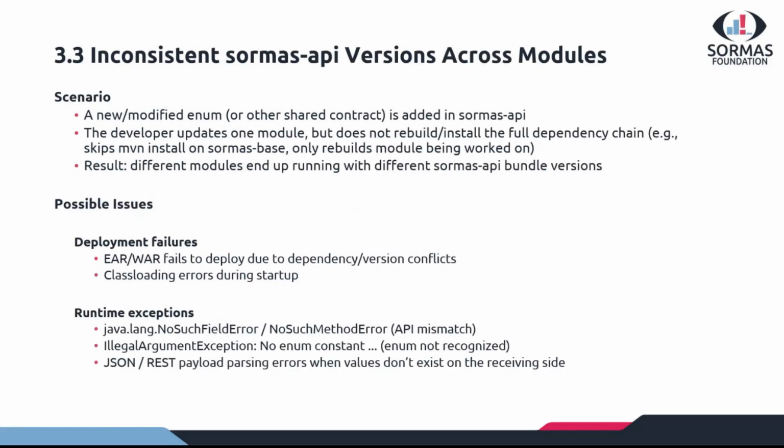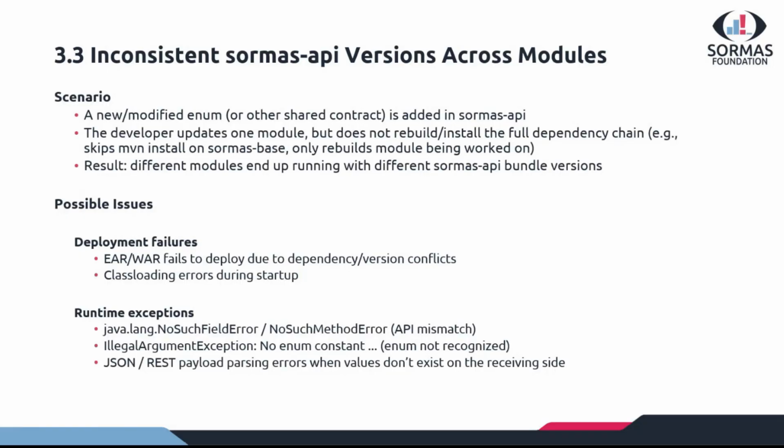One of the issues that can come up during development is usually because the SORMAS API jar file in the other modules is inconsistent. I will explain why this can come up.